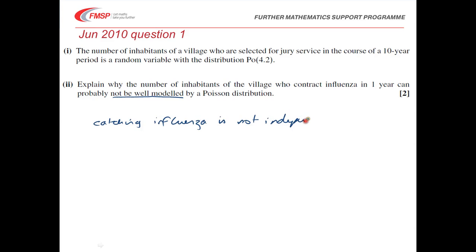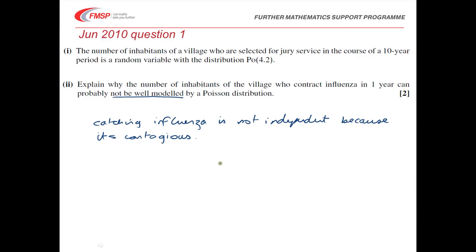The fact that somebody's caught it probably means that somebody else is going to catch it, and this is because it's contagious. Okay, so contagious diseases don't necessarily follow this Poisson distribution.